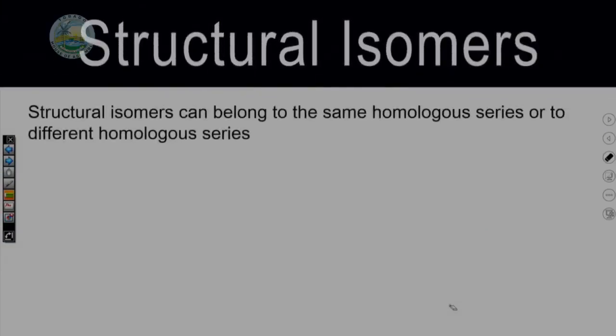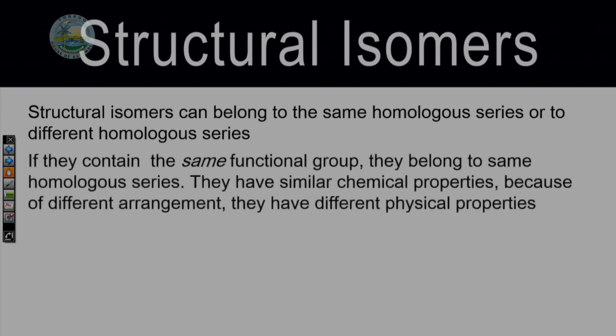Structural isomers can belong to the same homologous series or to different homologous series, and we're going to observe this as we go down. If they contain the same functional group, they will belong to the same homologous series, which is pretty much straightforward.